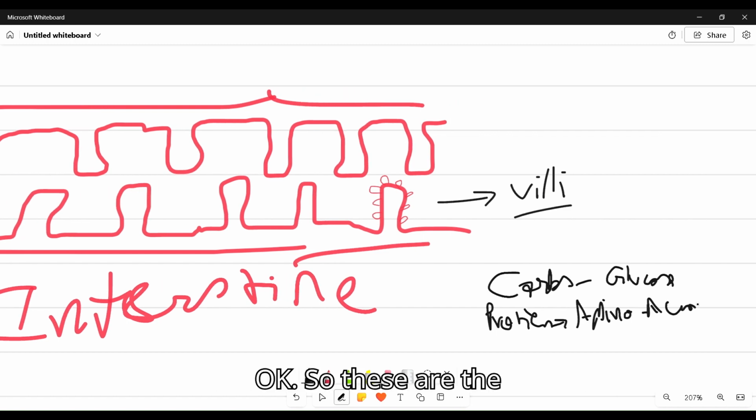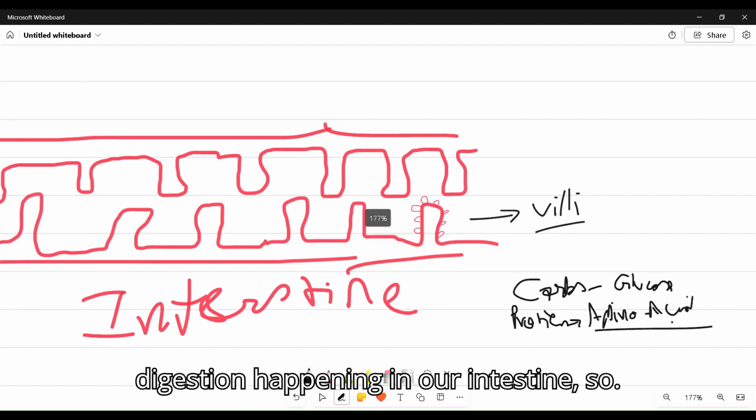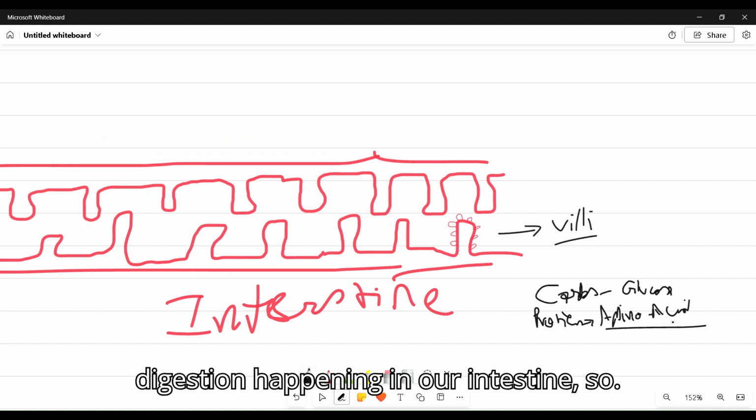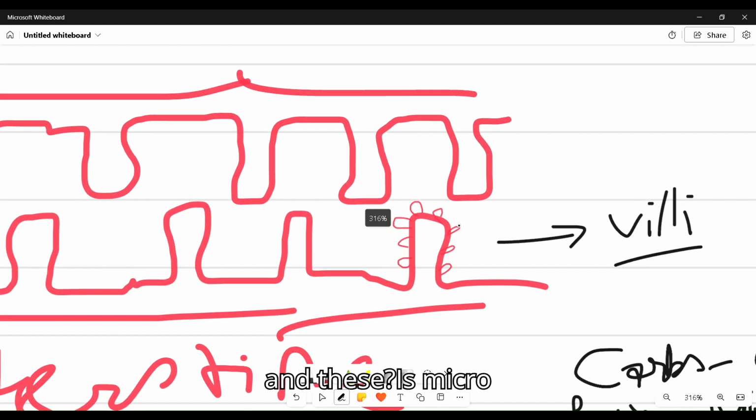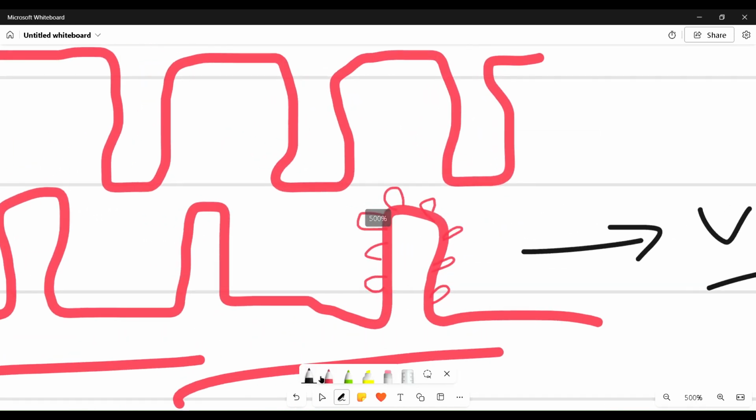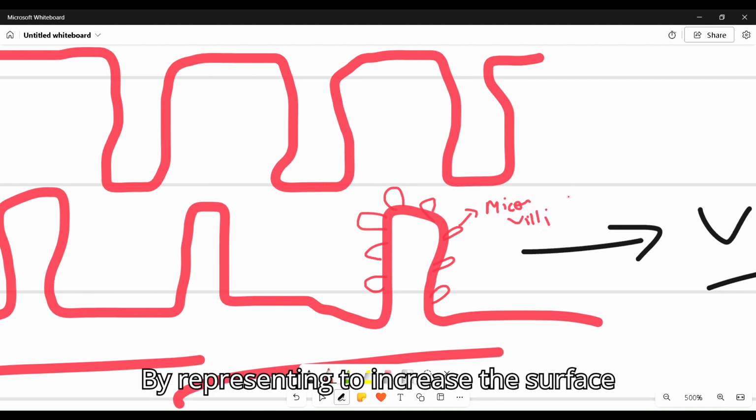Okay, so these are the digestions happening in our intestine. Why are microvilli present? These are villi and this is microvilli. Why is it present? To increase the surface area.